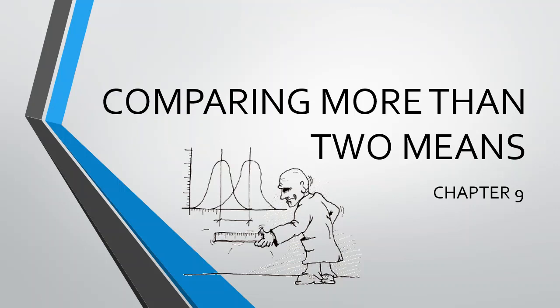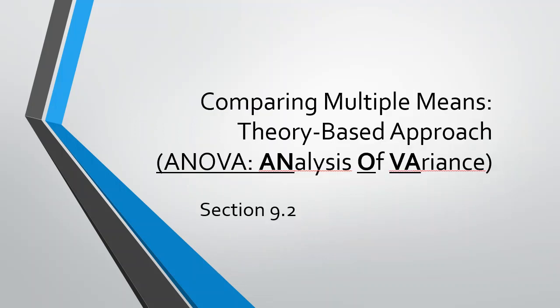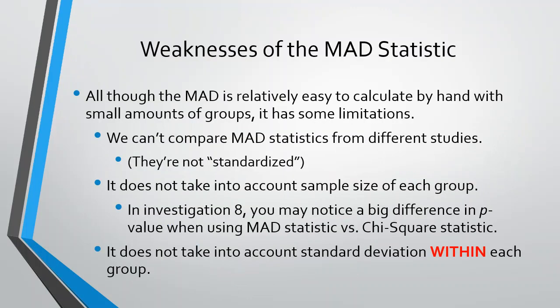So when we're comparing more than two means, what it's typically called is ANOVA, which means an analysis of variance. And what we had last time with the MAD statistic, we were able to compare whether two groups had the same average or different averages. And then if you had multiple groups, then we sort of averaged all those differences together.